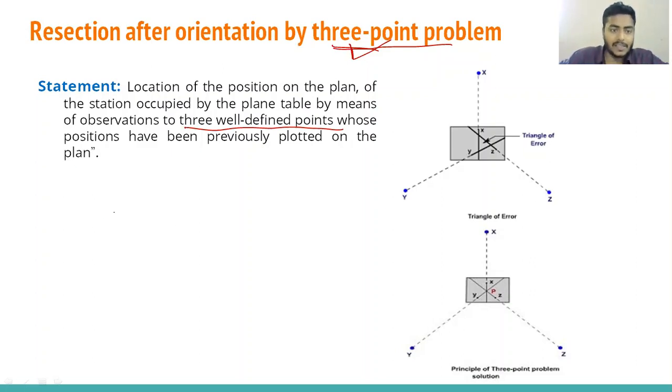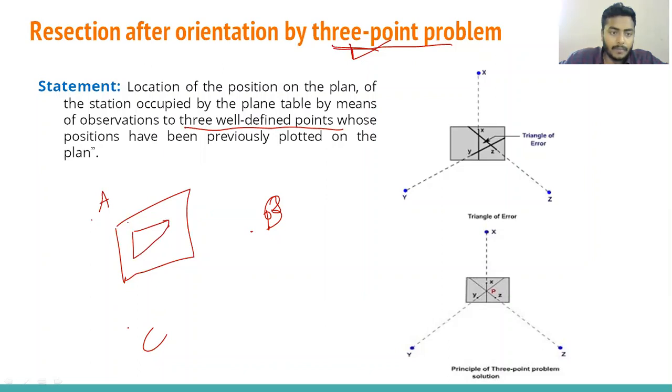For example, this is station A, this is B, this is station C. Whenever you take this plan, you will see the positions of A, B, C stations already plotted on the drawing: a small a representing station A, small b representing station B, and small c representing station C. The ab distance on the plan represents the AB distance in the field.